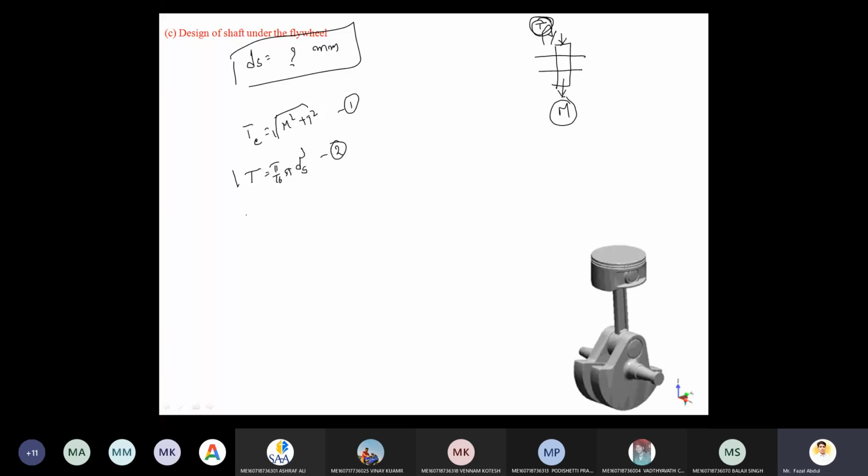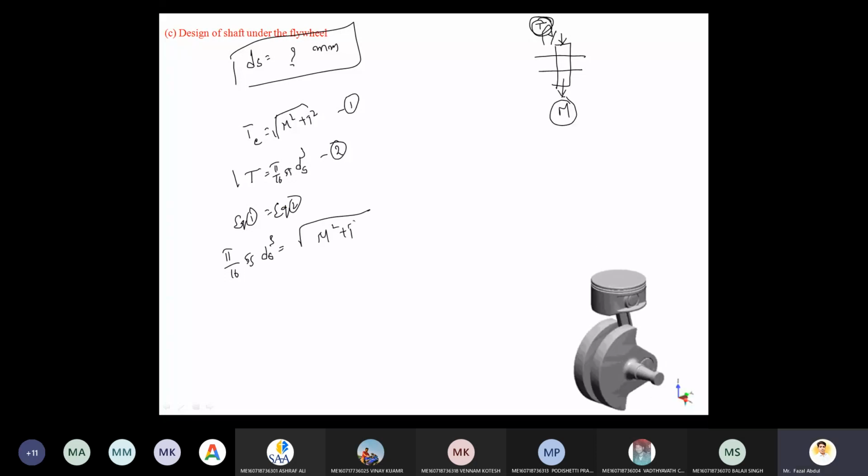Now I'm equating equation 1 to equation 2. So pi by 16 into sigma s into ds cube equals square root of m square plus t square.